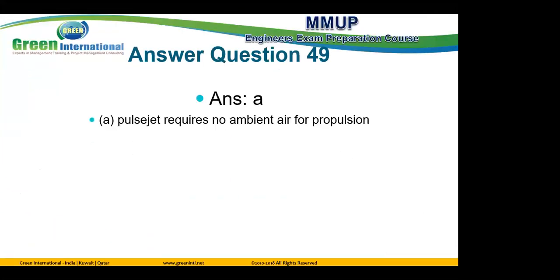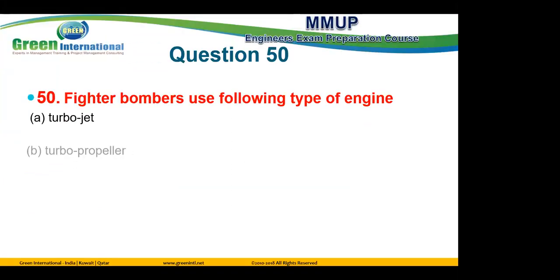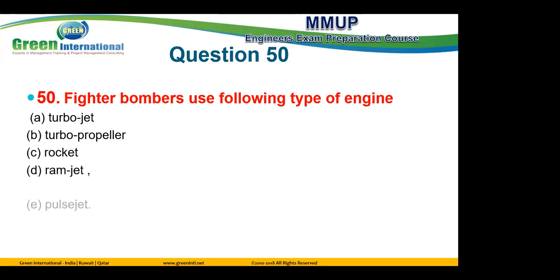Pulse jet requires no ambient air for propulsion. Fighter bombers use the following type of engine: turbojet. Correct.